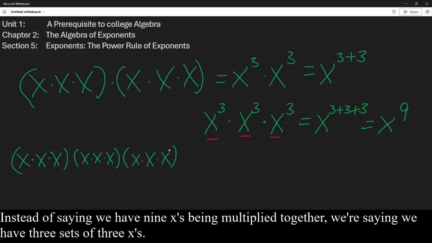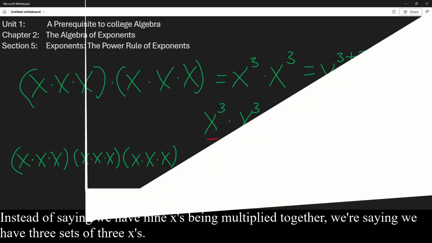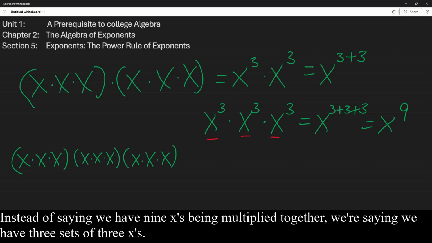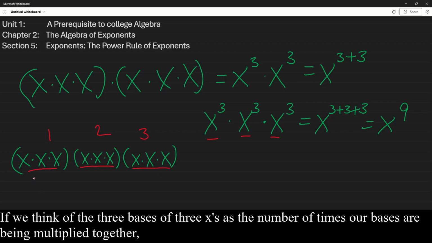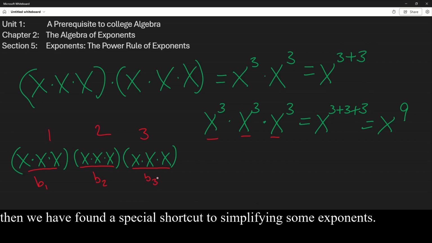Instead of saying we have 9 x's being multiplied together, we're saying we have 3 sets of 3 x's. Let's look at these as 3 like bases of 3 threes. If we think of the 3 bases of 3 x's as the number of times our bases are being multiplied together, then we have found a special shortcut to simplifying some exponents.